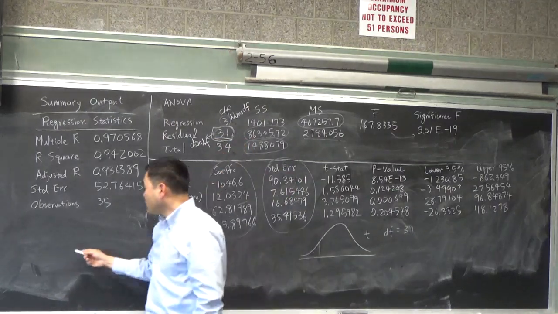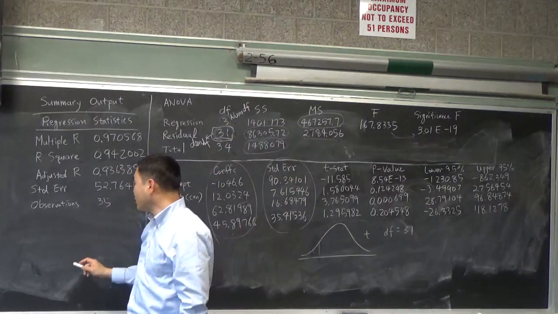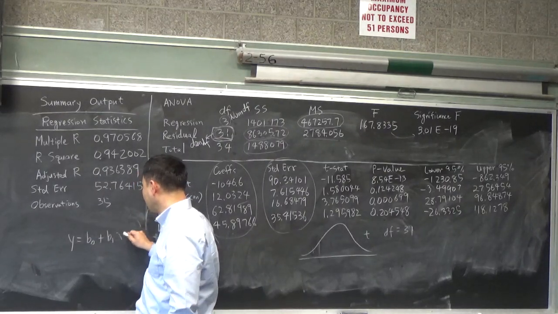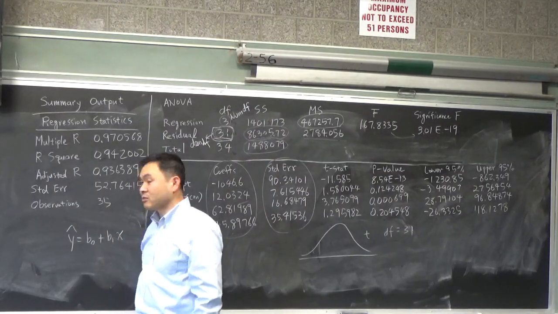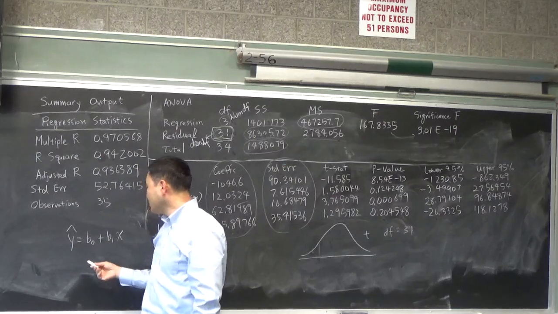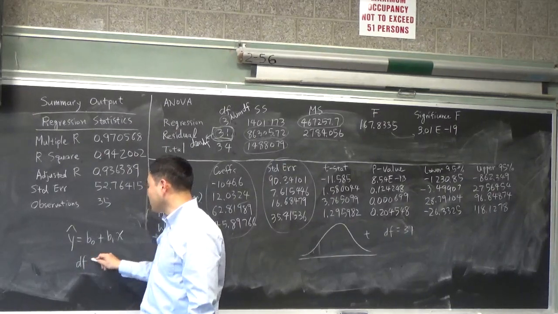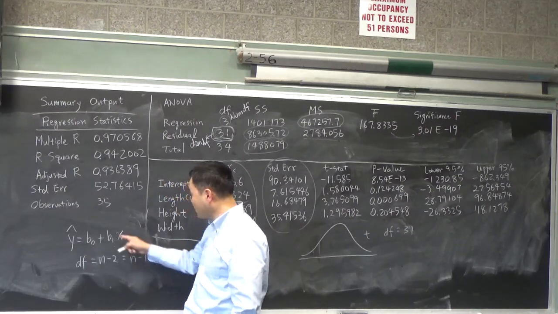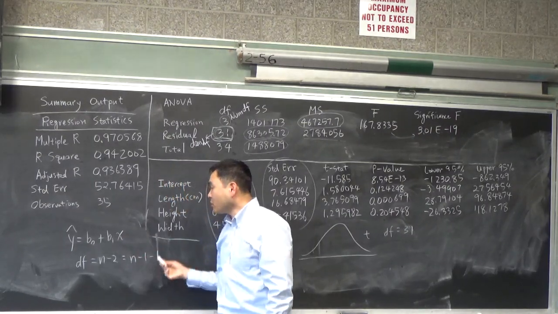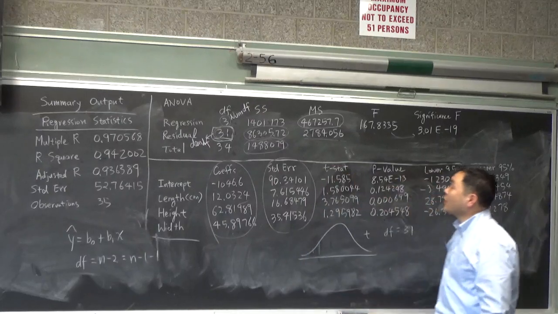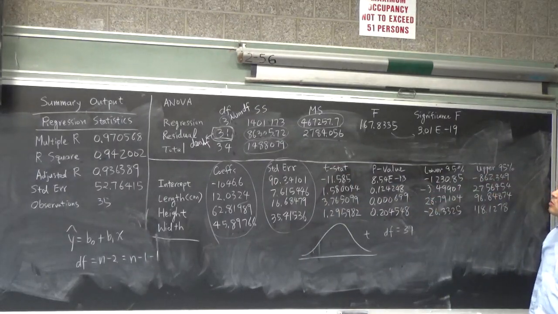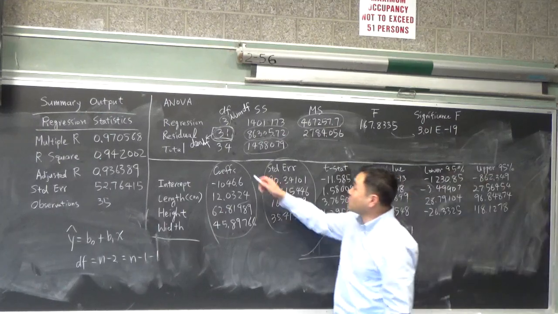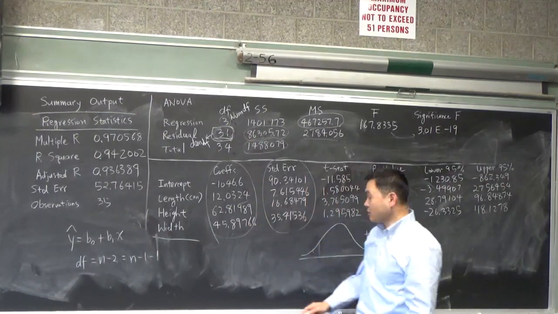When you have a simple linear regression, y equals b0 plus b1x, we just say degrees of freedom is n minus 2, which is really n minus 1 minus 1. You have one predictor variable and you subtract one. So when you have degrees of freedom of a multiple regression, you always talk about this one. That's what you do. Okay?